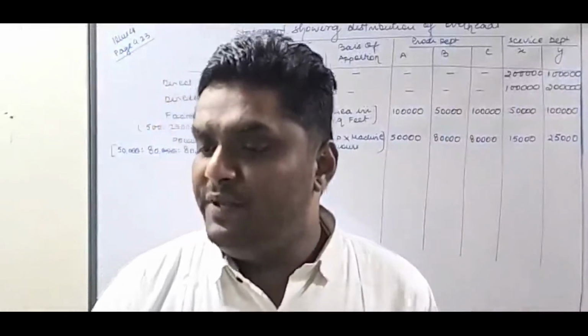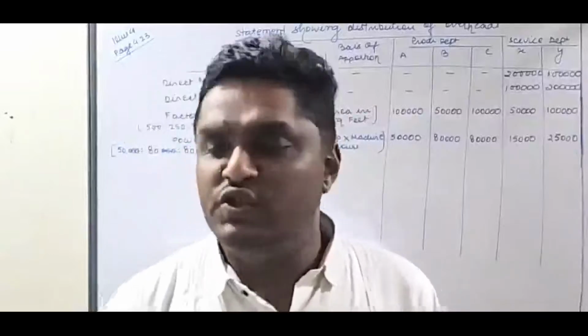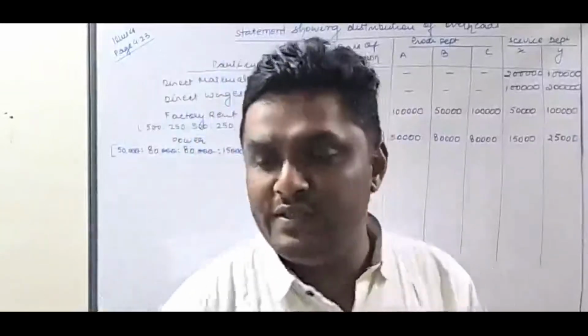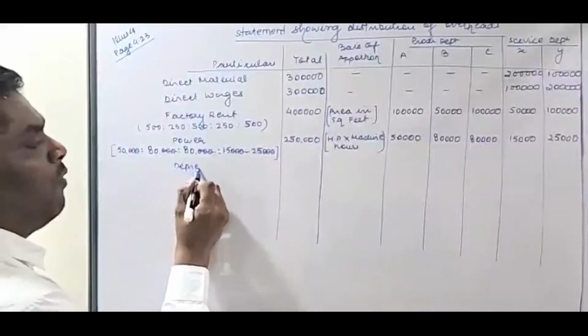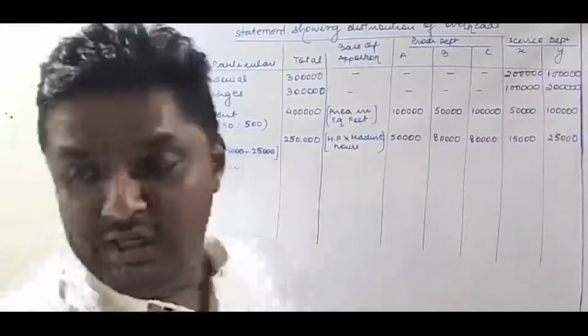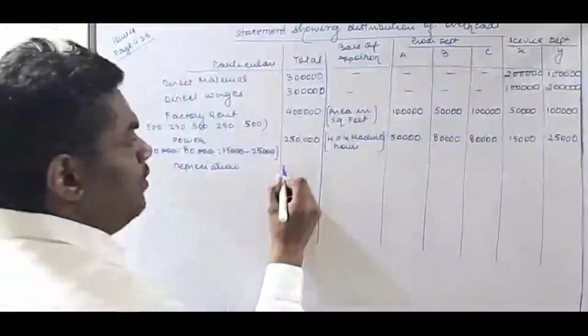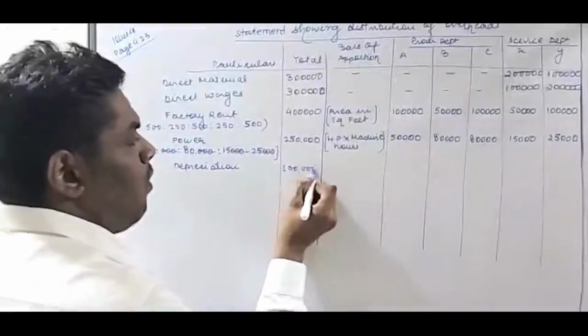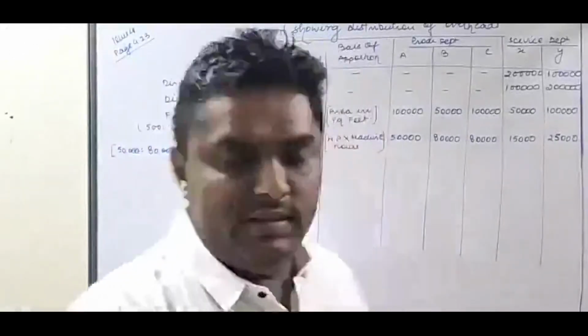The next is depreciation. Herein, the capital value of assets is given. So depreciation is to be distributed in the ratio of value of assets. The depreciation is given, that is 1 lakh rupees. It is to be distributed in the ratio of capital value of assets.